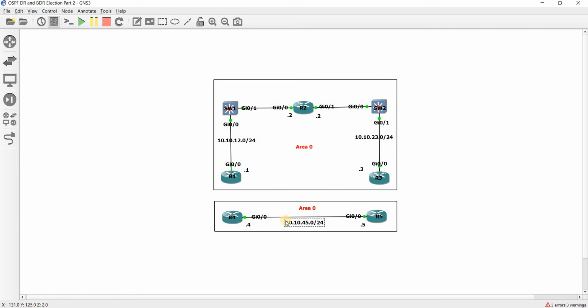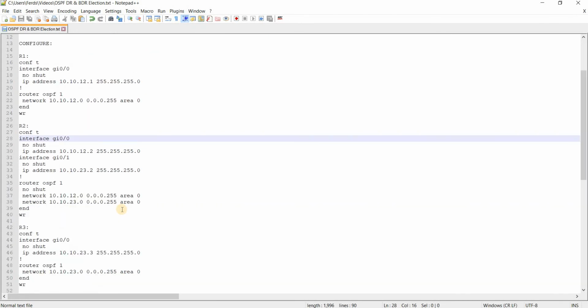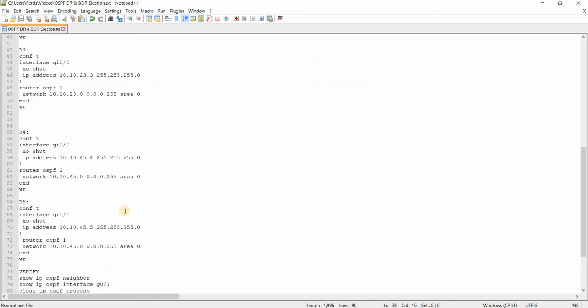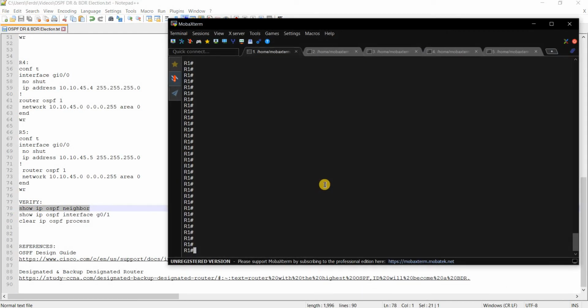And this one here is actually a segment as well. So let's verify which router is DR and which router is BDR. Let me use this command here. So I'm going to R1 and just enter this command.